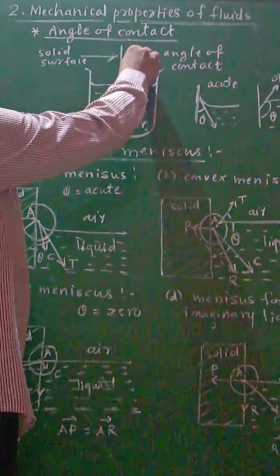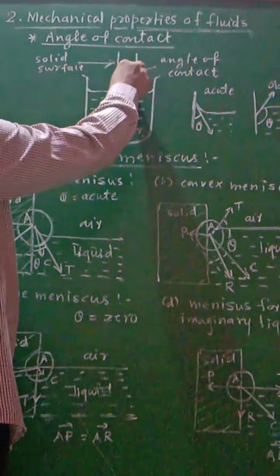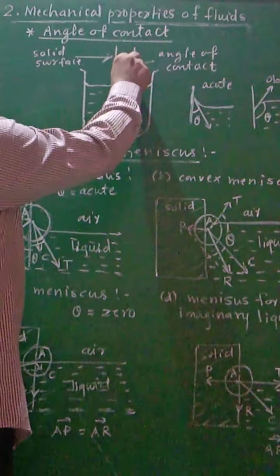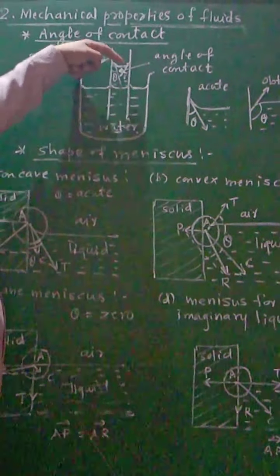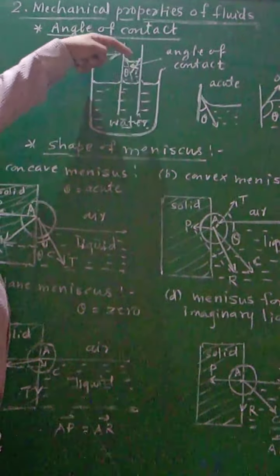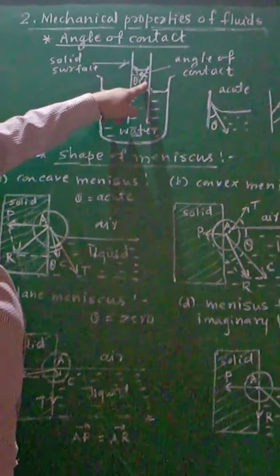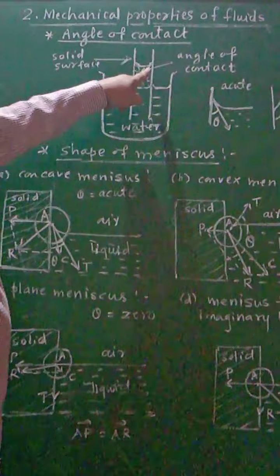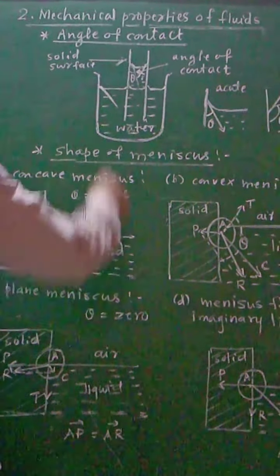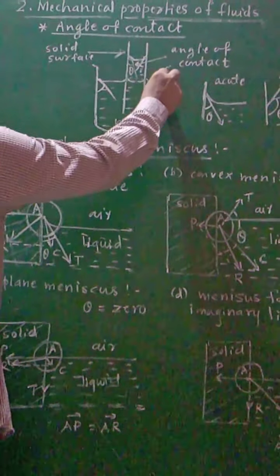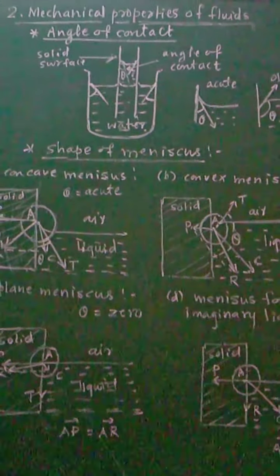So for that we can draw a tangent to that liquid surface at the point of contact, so that angle between this solid surface and this tangent drawn to the liquid surface at the point of contact will give us the angle of contact theta. Similarly, we can also denote angle of contact here, or here also this will represent the angle of contact.